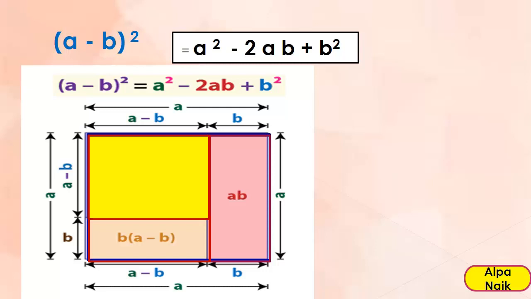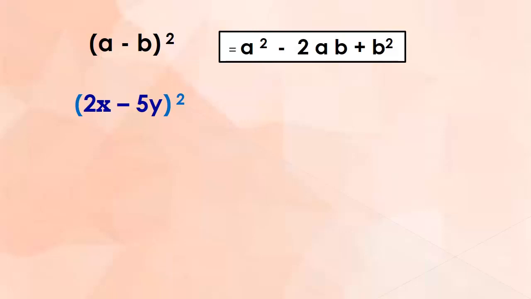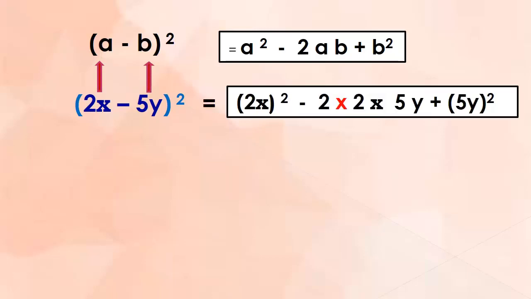So you have now, children, two formulas: (a + b) the whole square and (a - b) the whole square. Let's solve (2x - 5y) the whole square. So this is nothing but (a - b) the whole square. Write the correct formula. Instead of a, we'll put 2x. Instead of b, we'll put 5y. So while substituting here, you have coefficient and variable.